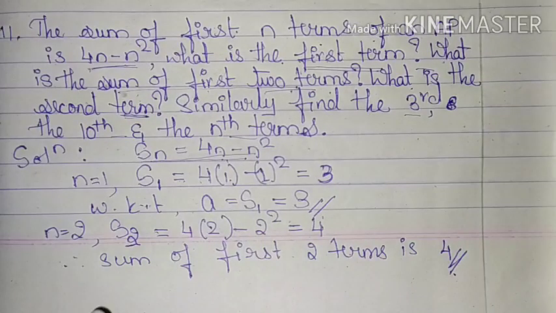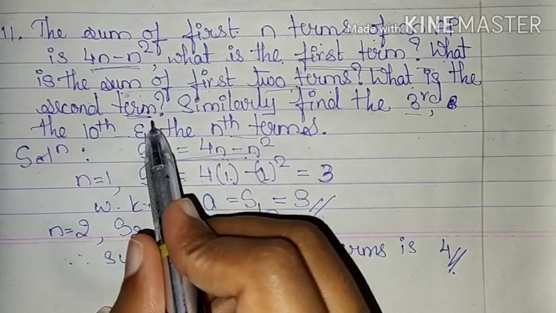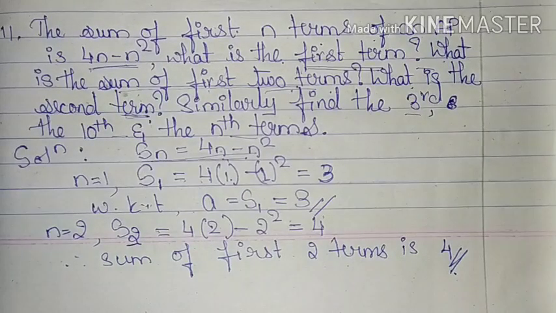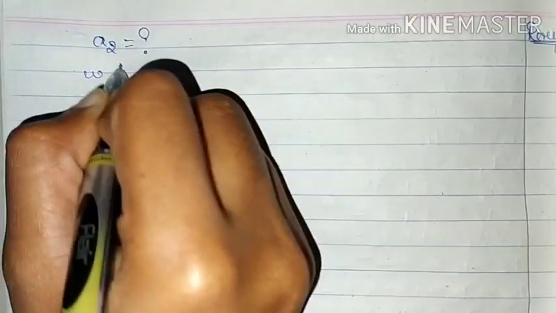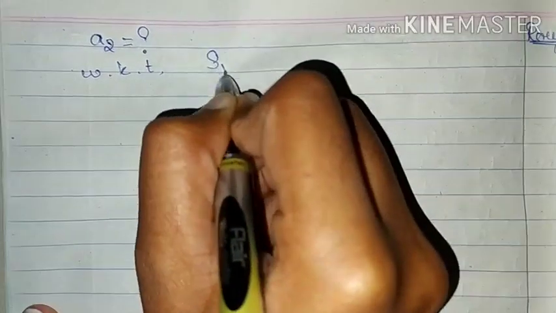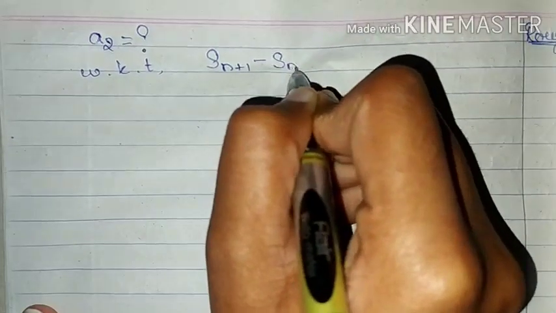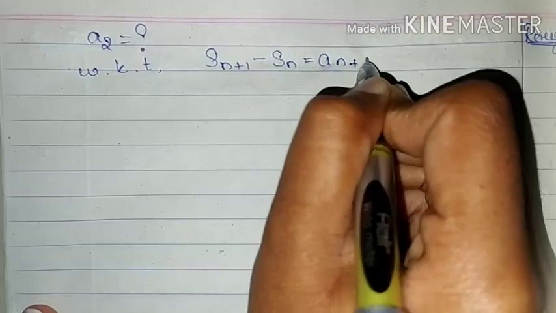The next part of the question is to find the second term. To find the second term, that is our A2, we will make use of the formula Sn plus 1 minus Sn will give us An plus 1. So by subtracting S2 minus S1, we will get the value of A2. We know that Sn plus 1 minus Sn is equal to An plus 1.